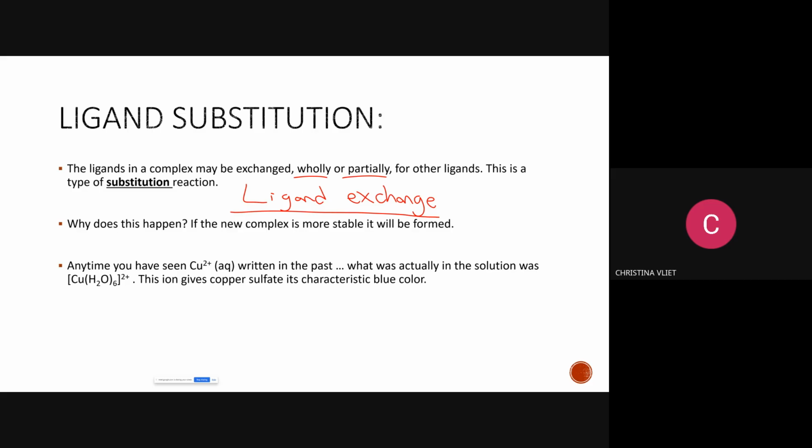And so why does it happen? Well, when we learn our last lesson of the unit, we're going to go into detail of how it happens. But for the basic variant, if the complex you formed is more stable than the one you originally had, then it will form. Because in chemistry, we seek stability. And so if there's 2 different ligands, the one that's going to attach is the one that is more stable.